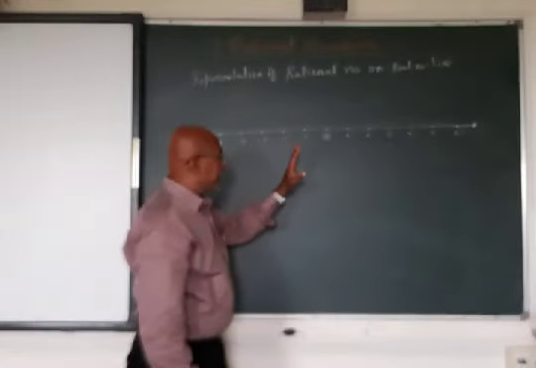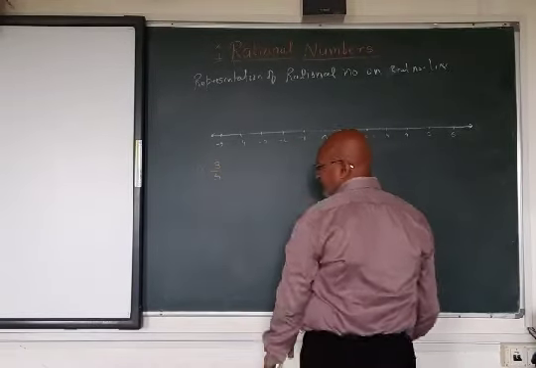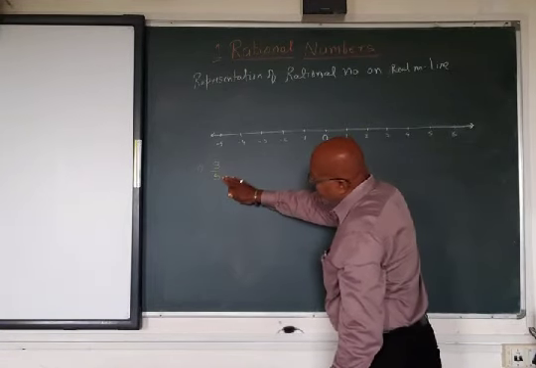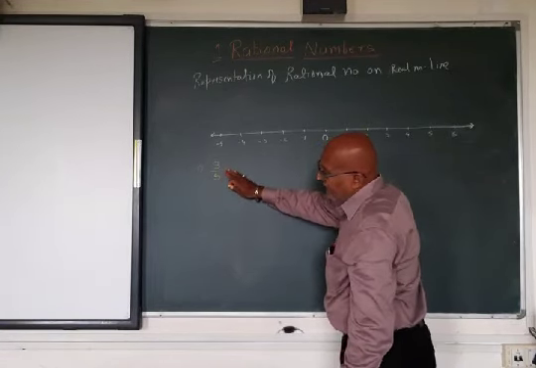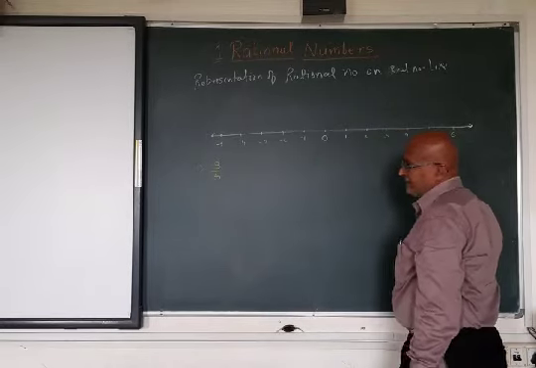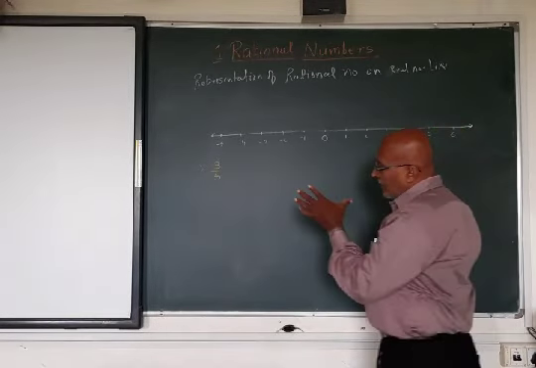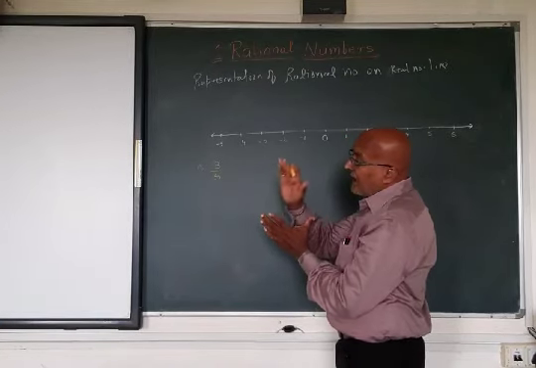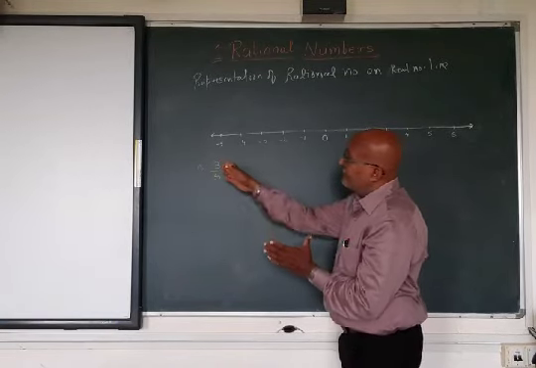Now I have taken a positive number, then we will see negative numbers also. So 3 by 5. Now what is the denominator? 5. When the denominator is 5, we have to divide 1 unit into 5 parts, and out of those 5 parts we have to choose the third.